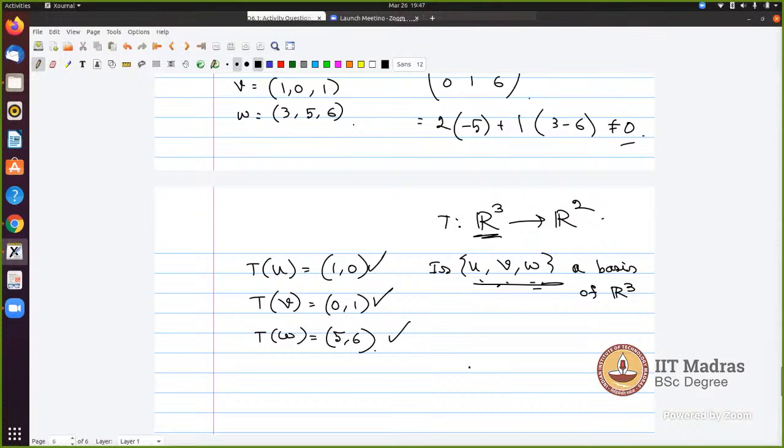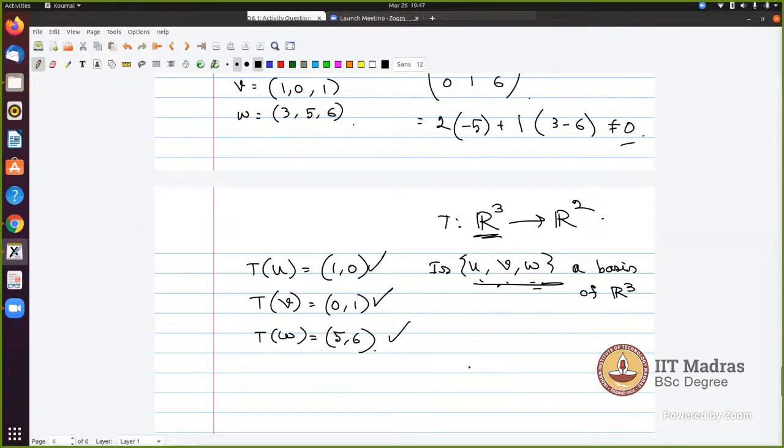Sir, one question: in R3, if you are able to find 3 vectors and they are linearly independent, immediately we can say that they are a basis, right? Yeah, exactly. And if you assign the images for each of the basis elements, then it is a linear transformation.